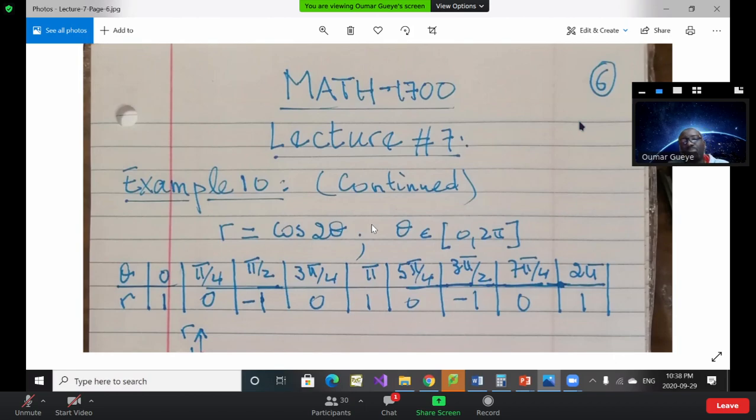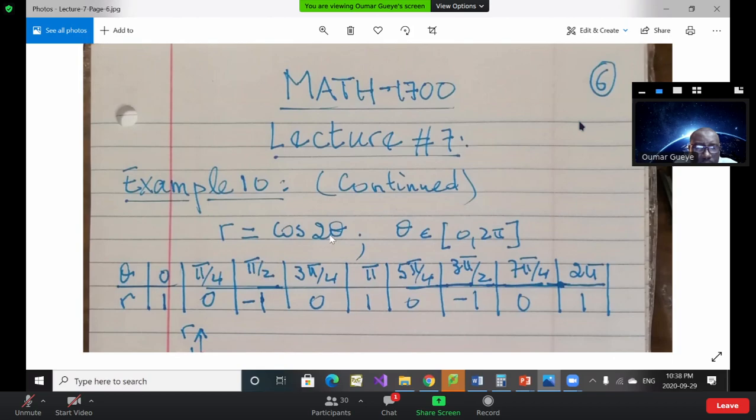Okay. So here, when theta equal to 0, you substitute in the equation and we get cosine of 0, which is just 1. At pi by 4, we will get cosine of 2 pi over 4. When you simplify by 2, it becomes cosine of pi by 2, and we know cosine of pi by 2 is 0.